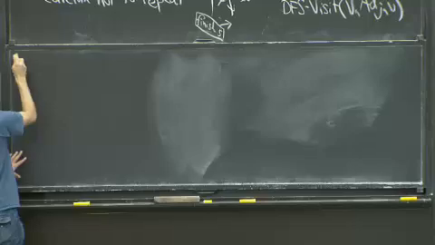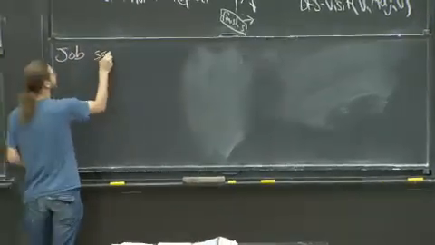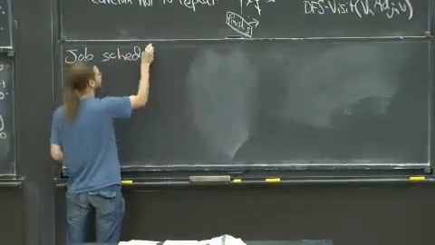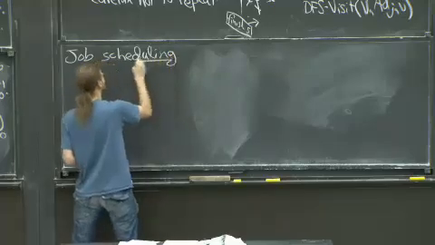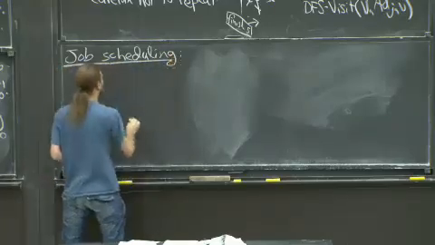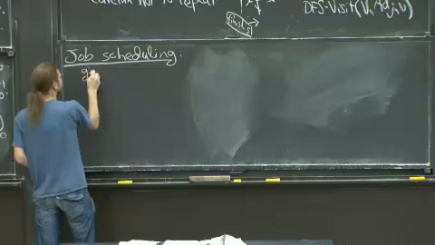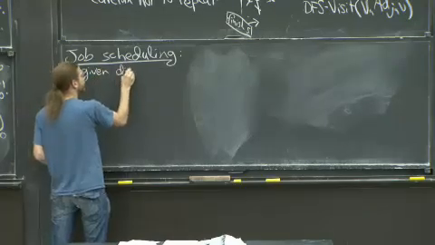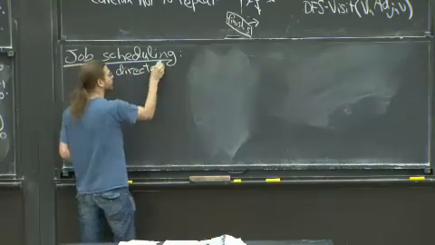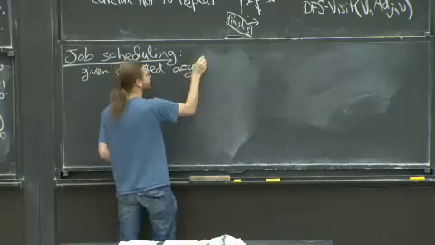Application 2 is topological sort, which we're going to think about in the setting of a problem called job scheduling. So job scheduling, we are given a directed acyclic graph.